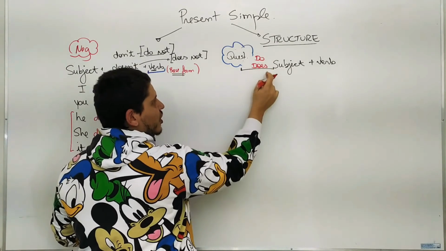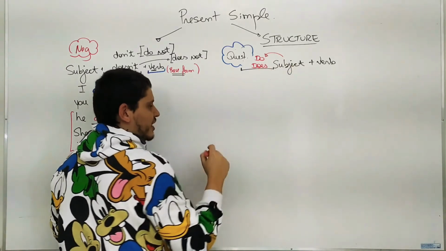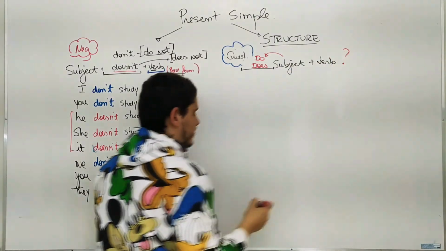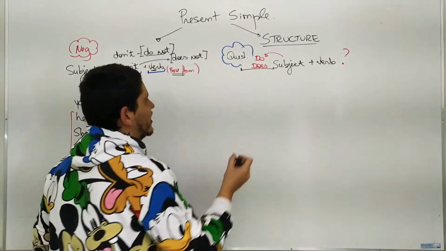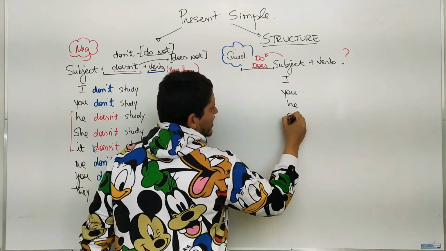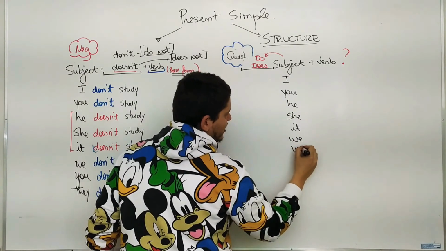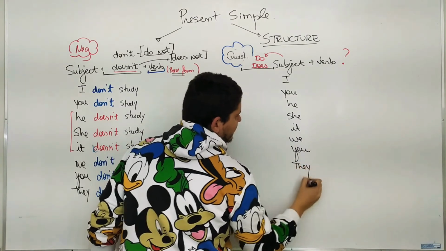Observe the order. Do and does, they come before the subject. And then we have a question. So let's take a look at the subjects. I, you, he, she, it, we, you, they.